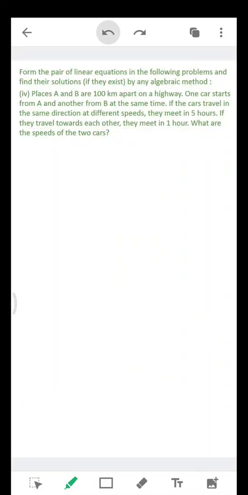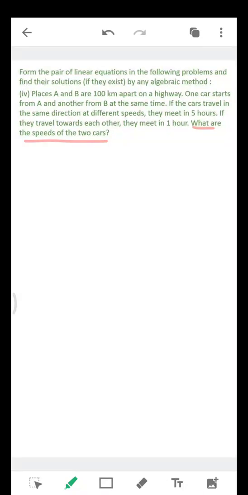Now our work is, we know the distance between the cars and the time they travel. Using this, we have to find what the speeds of these two cars are. So you have to sit in your classroom or at your home, solve the question and say what the speeds of the cars are.